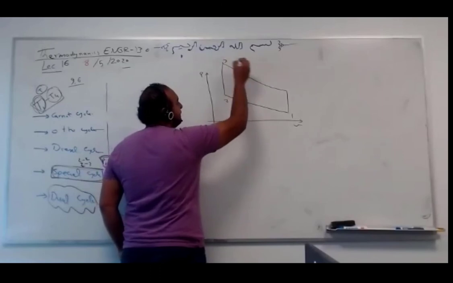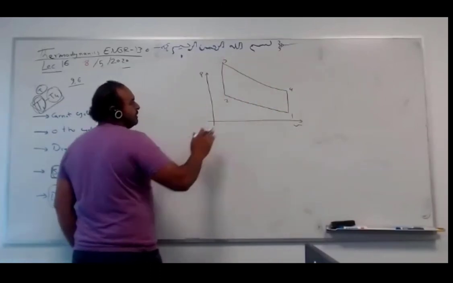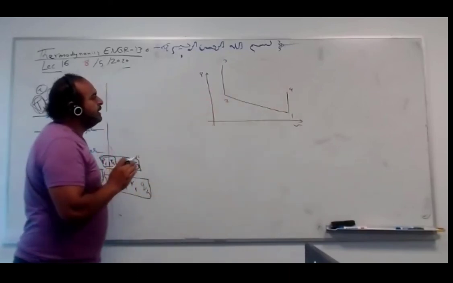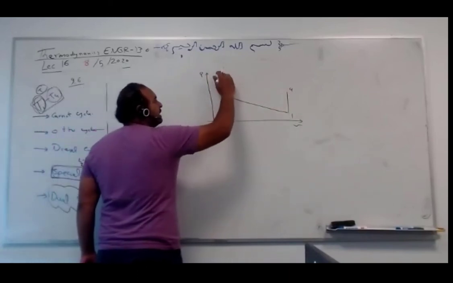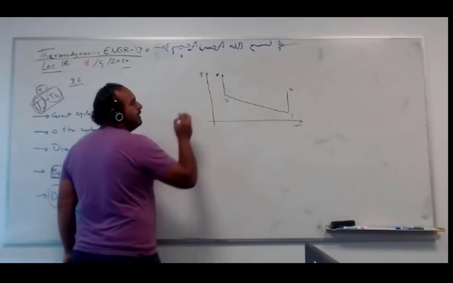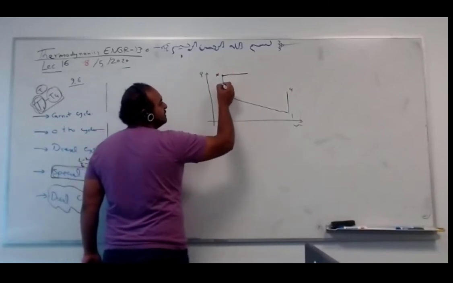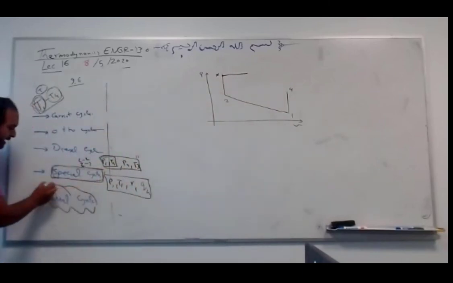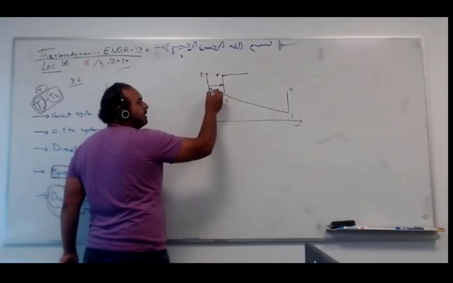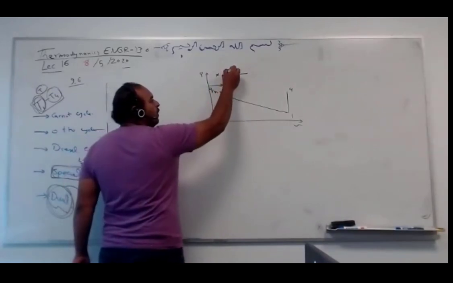How about this? If we give some heat at constant volume, let's say to point X, then give some heat at constant pressure, this is called dual. So I give heat Q high 1, Q high 2.